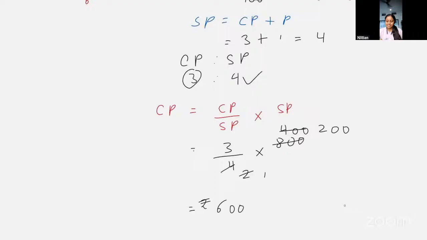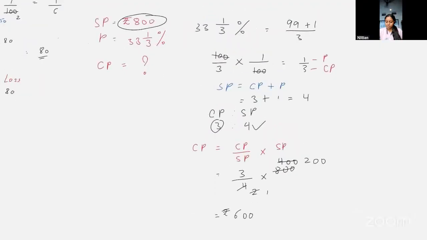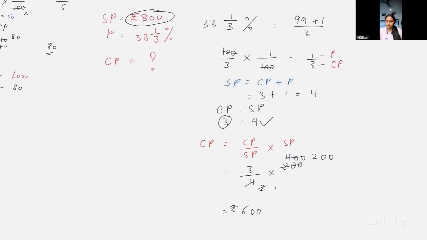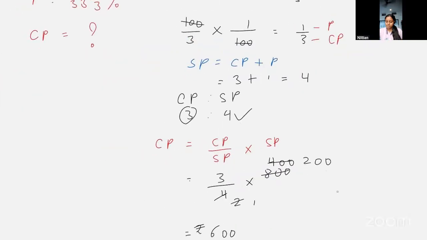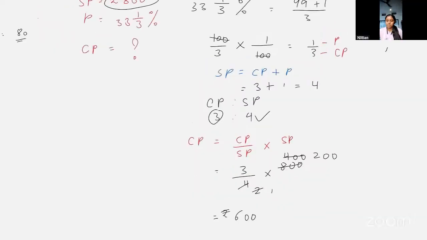Hope you all understood now. Yes, Johanna. The place I got stuck was when it was 100 by 3 into 1 by 100. You just cancel both hundreds, and you will get 1 by 3. Then it is very simple.